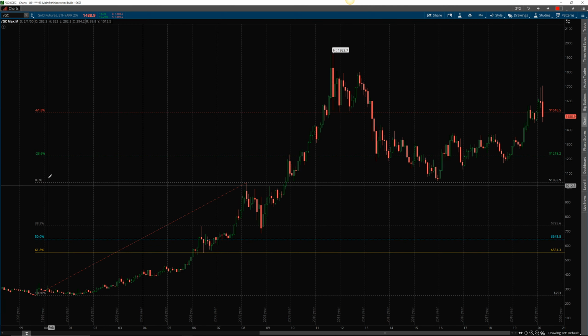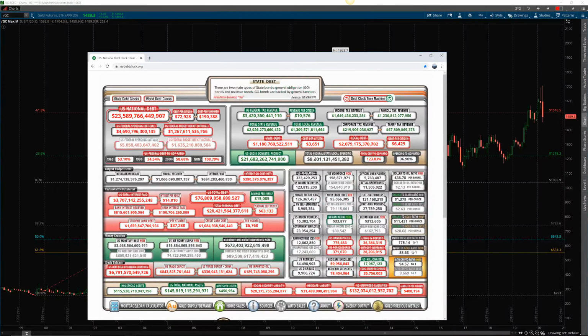It's possible. We can only speculate where the price of silver could go. It's a speculation, but if you look at this usdebtclock.org, what I can tell you is historically where we have been and where we could go.